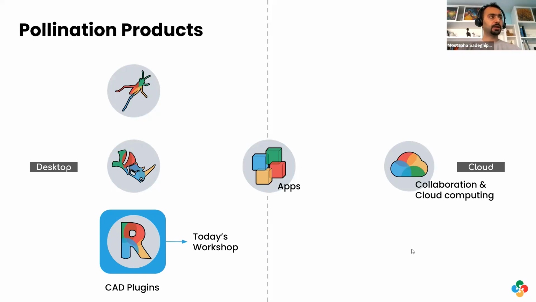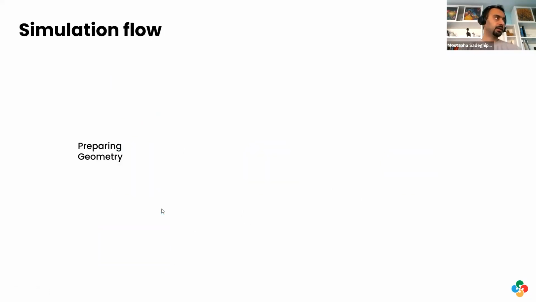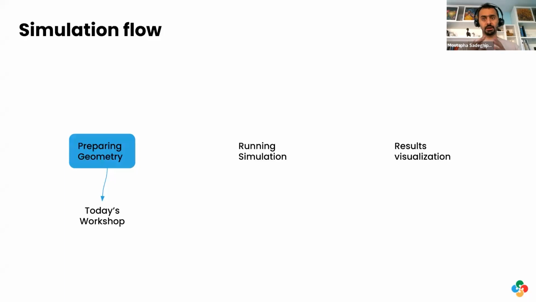I might show apps if we have time. I might run a simulation, but the focus today is on the Revit plugin. Between preparing geometry, running simulation, and result visualization, I want to make sure everyone learns how to prepare the geometry first after this workshop.